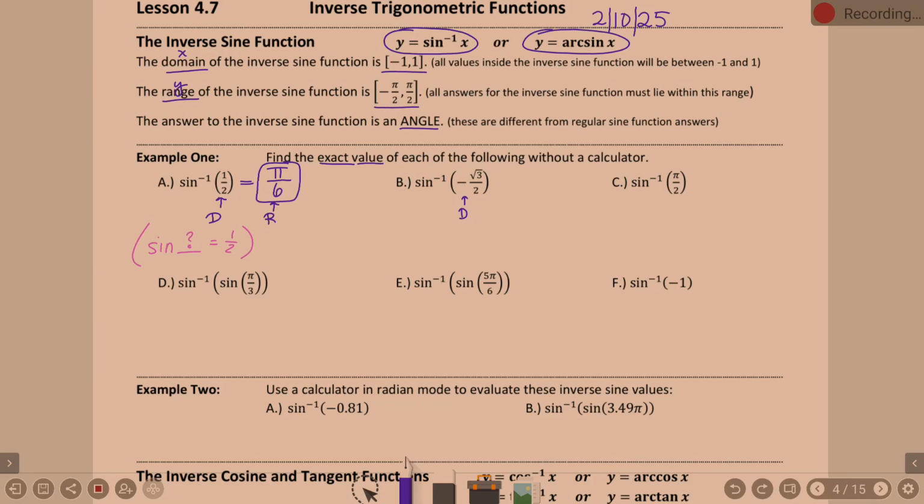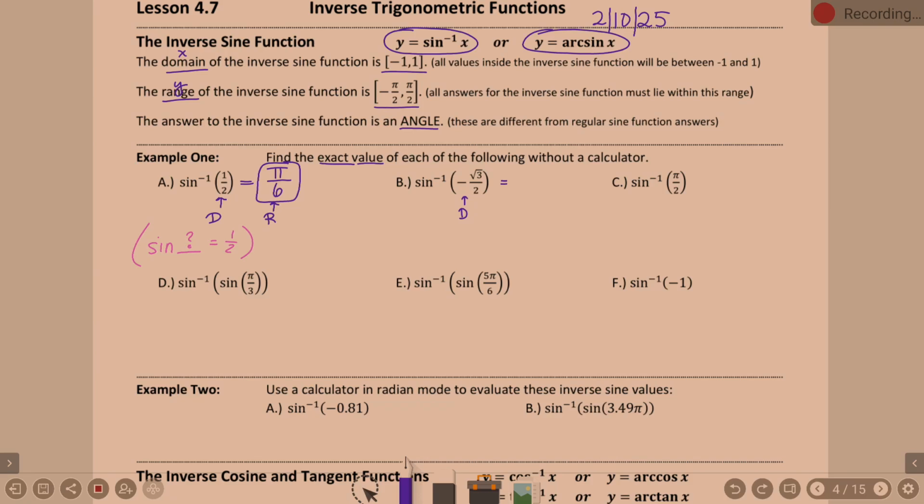Square root of 3 is 1.7 divided by 2, so 0.866. Is this an acceptable domain value? Yeah, because it's between negative 1 and positive 1. Okay? Again, I'm warning you now, always check. So what do we put if it's not just undefined? We'll talk about it when we get there. Okay?